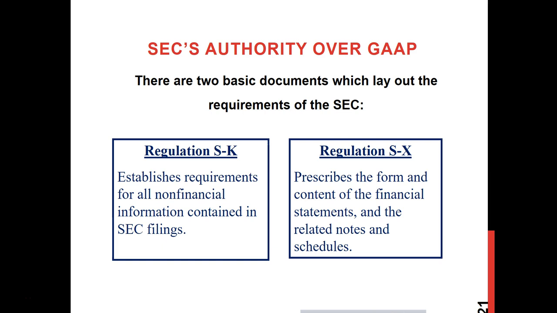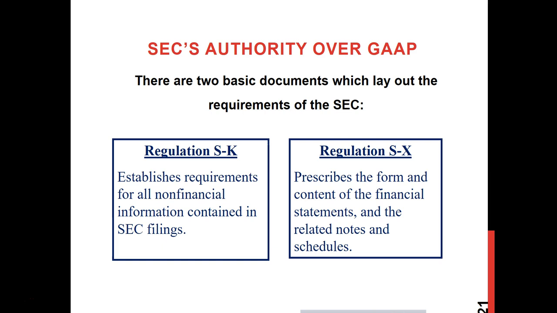Now here we are talking all about the SEC. Remember that the SEC always has the authority over FASB or over GAAP, and we will talk about 2 basic documents that are also required by the SEC.